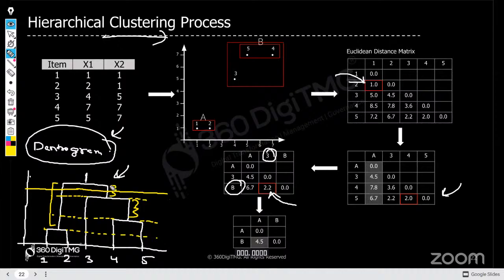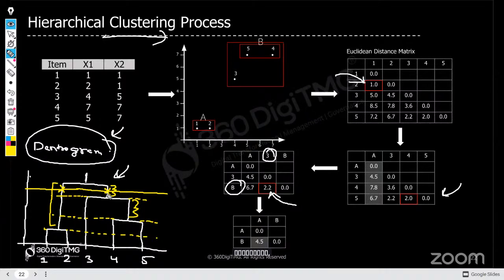Once we create this line, we get two intersections. If we are getting two intersections, it means that we need to create two clusters.